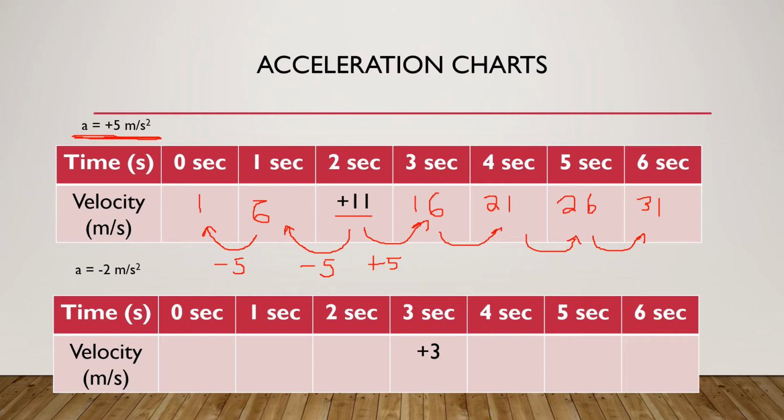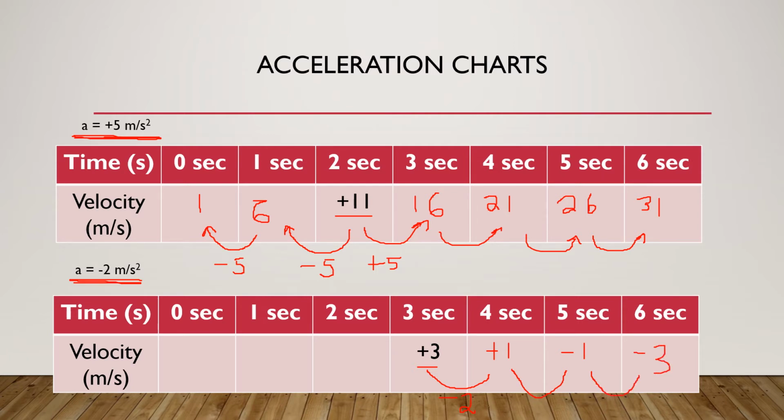So let's see how this is going to work here. Here I have plus 3, and it's saying that the acceleration is negative 2. So if this is plus 3 and the acceleration is -2, this is going to become +1. -2, this becomes -1. -2, this becomes -3.